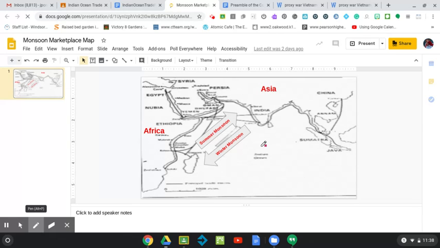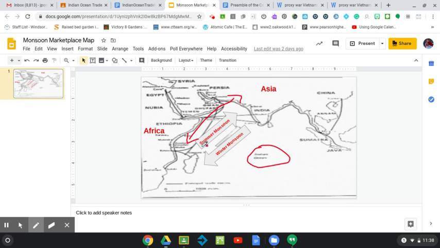And over here is the Indian Ocean. And this is where the Indian Ocean trade took place. So it took place between Africa, as you can see, and Asia. And it's also known as the Monsoon Marketplace. Well, why is it known as the Monsoon Marketplace?